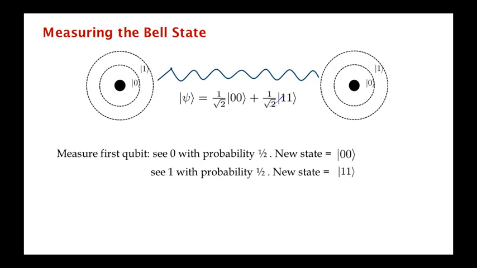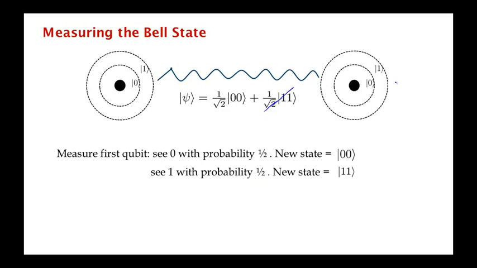You just cross off the parts of the superposition that are inconsistent with the measurement outcome, and you renormalize. So the new state is 0, 0. On the other hand, if you see a 1, you see that with probability a half, and the new state would be 1, 1. Now, what happens if after this you measure the second qubit?